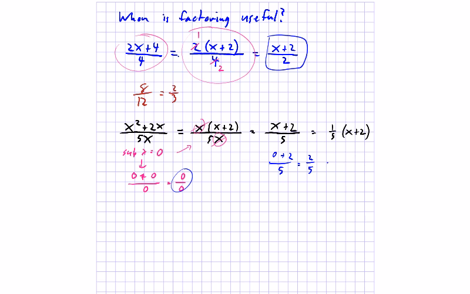It's completely undefined. So what we would have to do is say that the original expression simplifies to (x + 2) over 5 as long as x is not 0. So we have to put a qualifier on there.